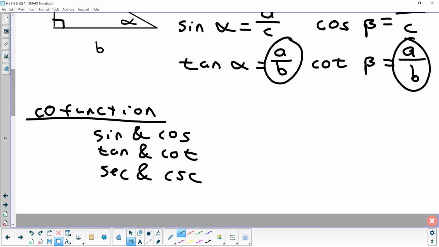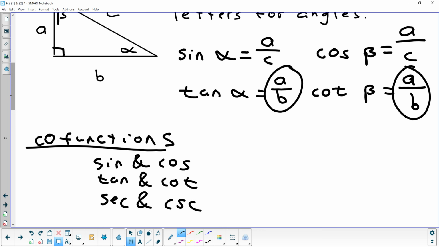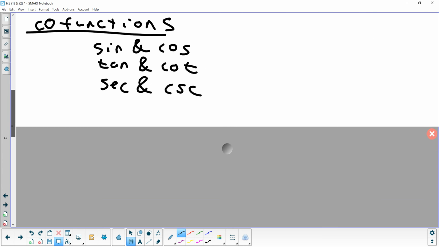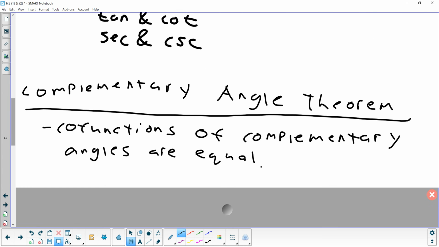So these are the pairs of cofunctions. And this idea of them coming out the same, when you have cofunctions, that's called the Complementary Angle Theorem. Very simple theorem that just says if you have cofunctions of complementary angles, they're equal.